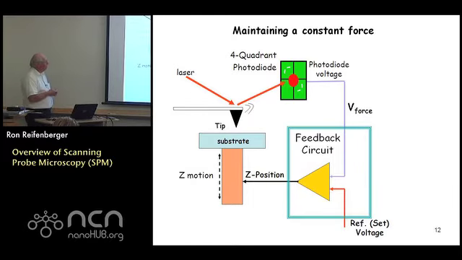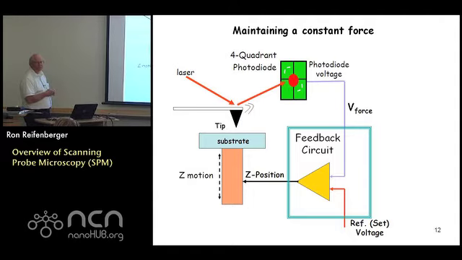Feedback circuits are amazing because they're designed to keep some quantity fixed. And the quantity that this feedback circuit keeps fixed is the voltage out of this photodiode. And the voltage out of this photodiode is proportional to the deflection of this cantilever. And the deflection of this cantilever is proportional to the force between the tip and the substrate. So if I can keep the voltage in the photodiode constant, that means I'm keeping a constant force between the tip and the substrate.